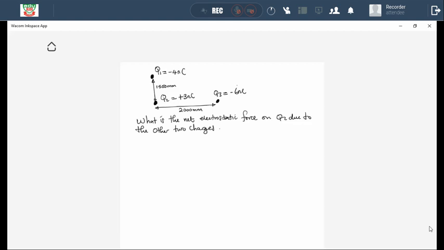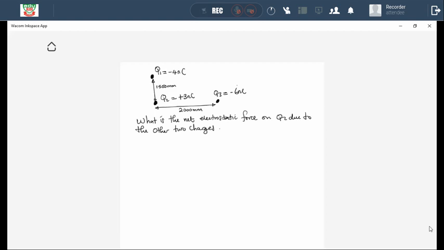Now, this is slightly different from our previous calculation, where we just calculated the electrostatic force between Q1 and Q2 and the electrostatic force between Q3 and Q2, and then summed them up, also considering direction. This one, Q2 is at an angle, so we need to apply more mathematics and a bit of our vector knowledge so that we come up with a proper calculation.